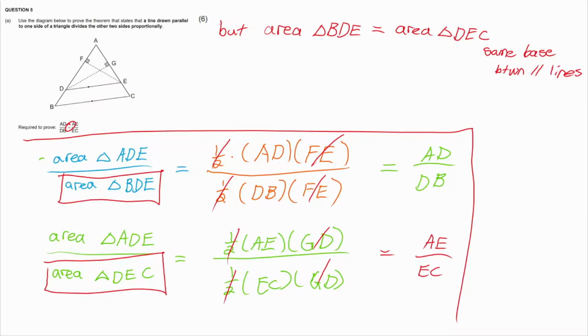So if we have the same base and two triangles between parallel lines, then the areas will be equal. Now that we have that, we can say, therefore, AD over DB is equal to AE over EC. Remember, this is what we were required to prove, so don't miss this important step. I hope that was clear for everyone.